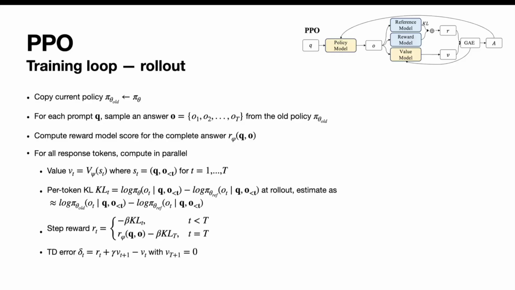Delta t equals r_t plus gamma times the next value V_{t+1} minus the current value V_t. At the final token, the next value V_{t+1} is 0 because the answer ends there and there is no next state.